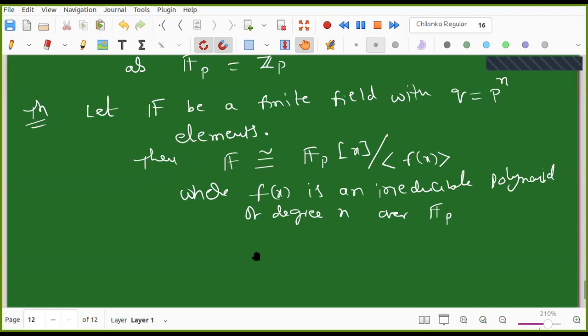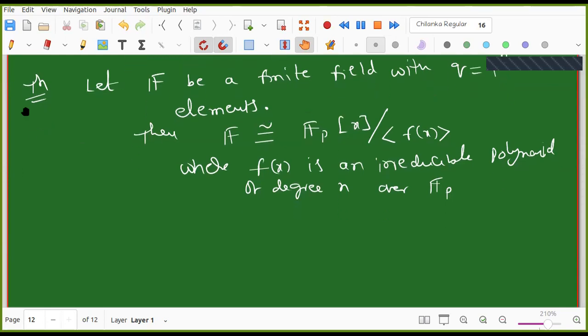For Z_p I know how elements in F_p look, but in general, how will F_p^n look? There is a question, right? To answer that, this theorem will help a little bit, at least in the way I can represent it: F_p[x] by the ideal generated by f(x), where f(x) is an irreducible polynomial of degree n over F_p. You can explicitly write down the elements in the quotient field.